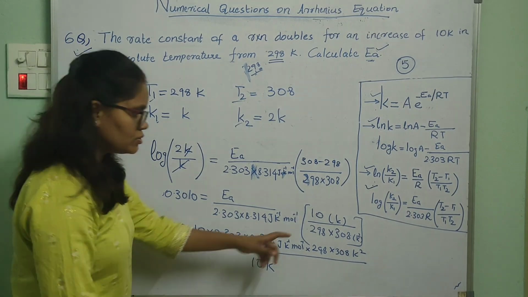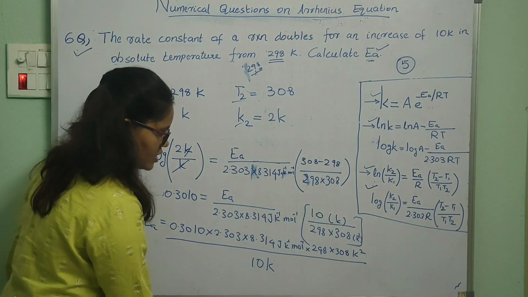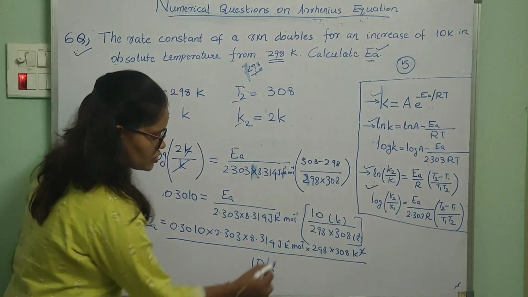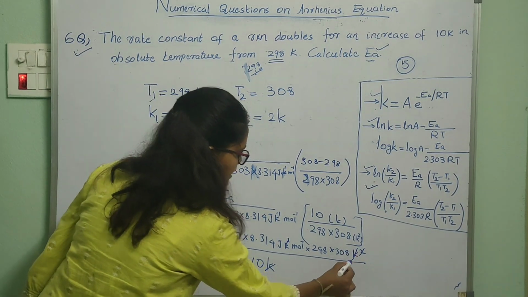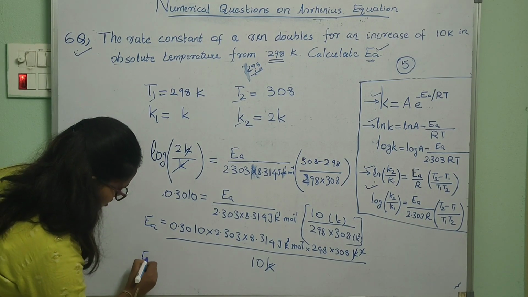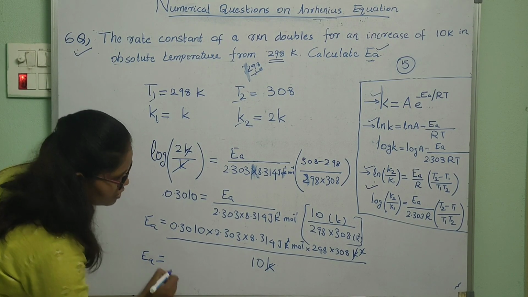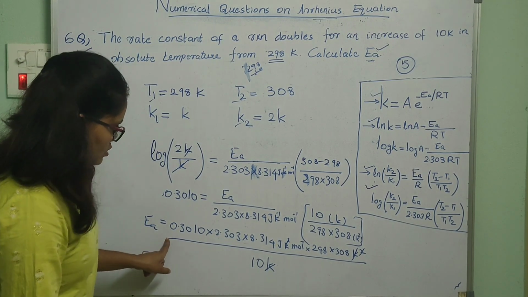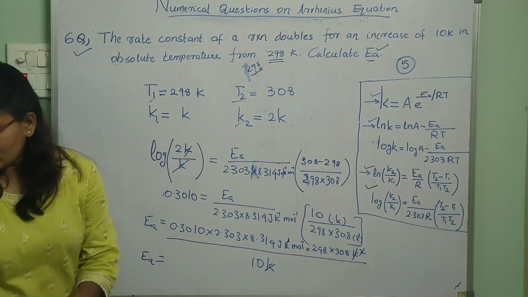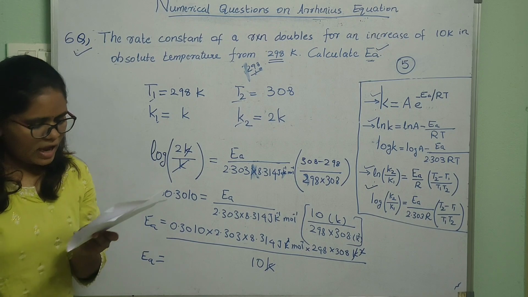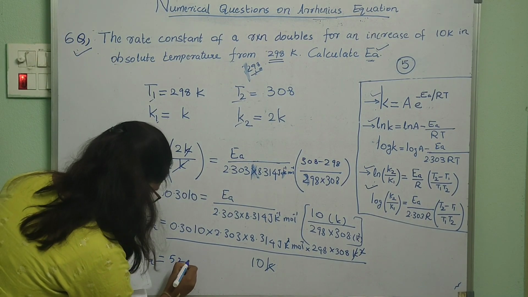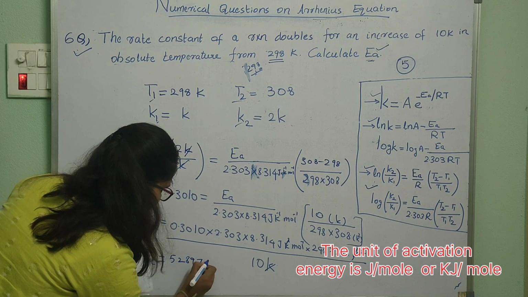Now first try to cancel the units. So here I can cancel 1 Kelvin with 1 Kelvin here. So this Kelvin inverse and Kelvin will get cancelled. So when you multiply all these terms and divide it by 10, the answer you get is 52,897 joules.